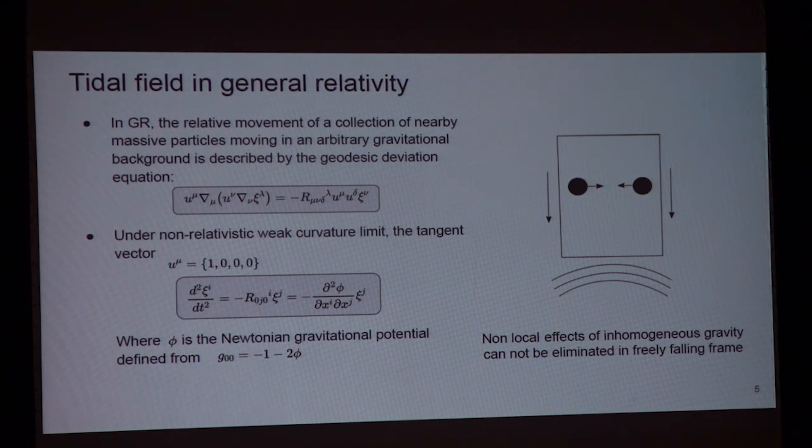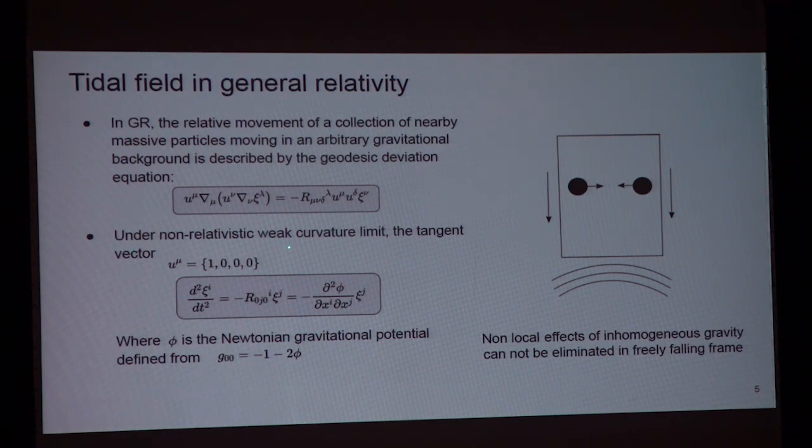The relative movement of a collection of nearby massive particles moving in an arbitrary gravitational background is described by the so-called geodesic deviation equation, where this is the 4-vector u mu, this R is the Riemann tensor, and this xi is basically the deviation vector.